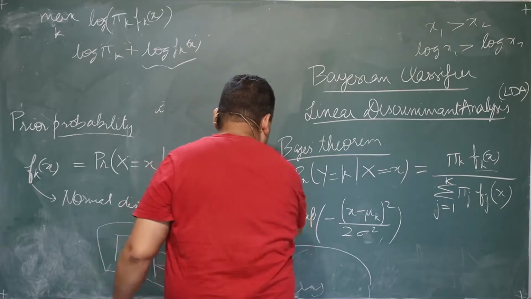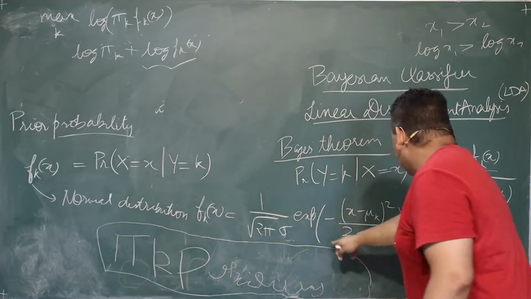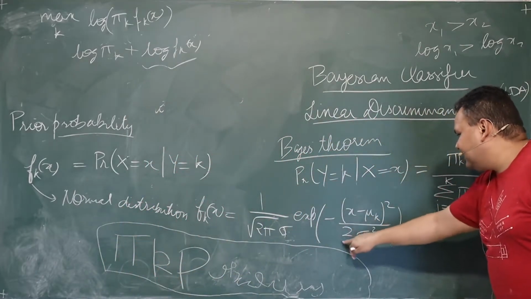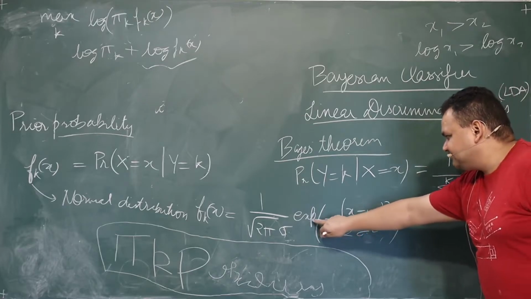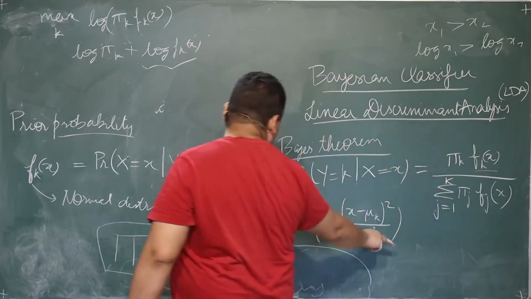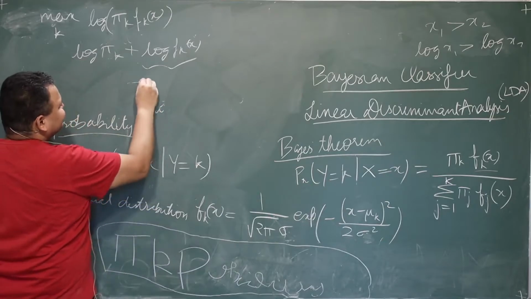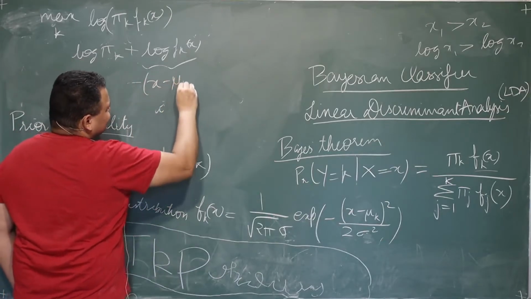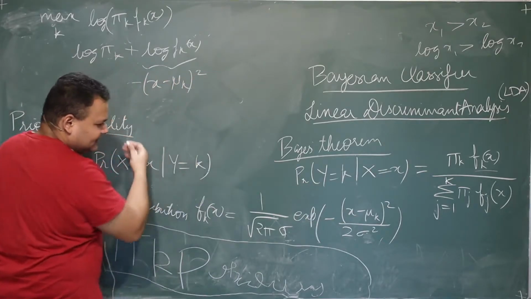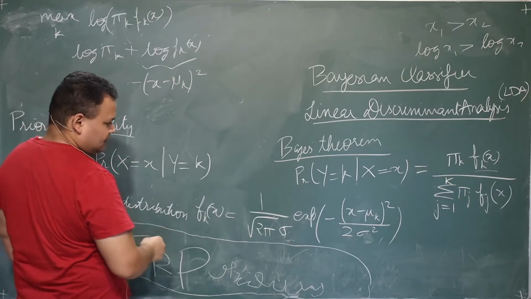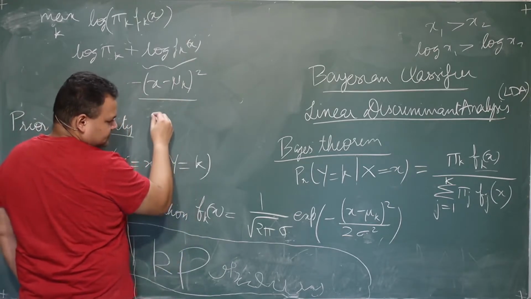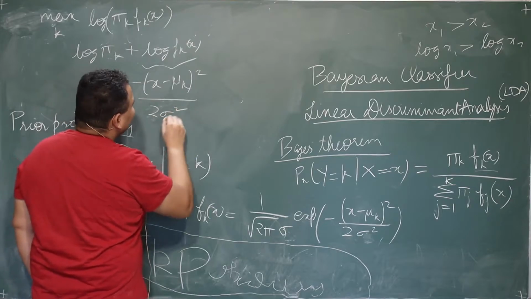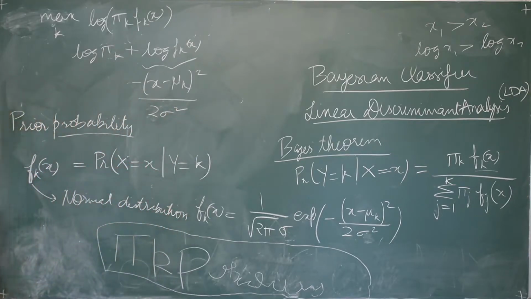So the only thing that we need to worry about is this. The log of this is going to give me minus x minus mu k squared over 2 sigma squared. Is it correct?